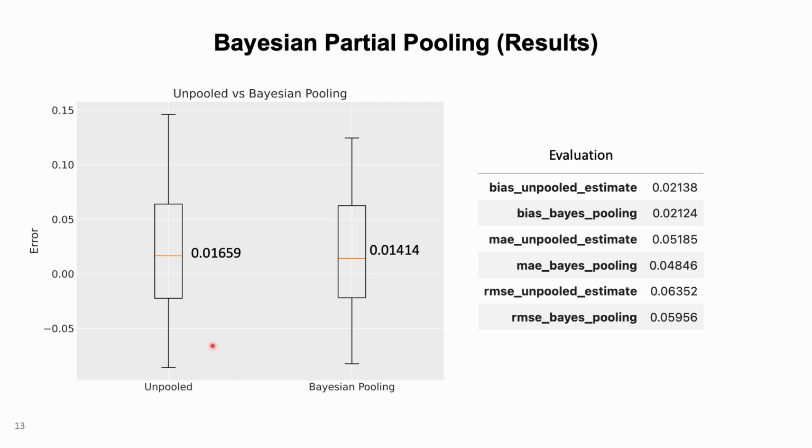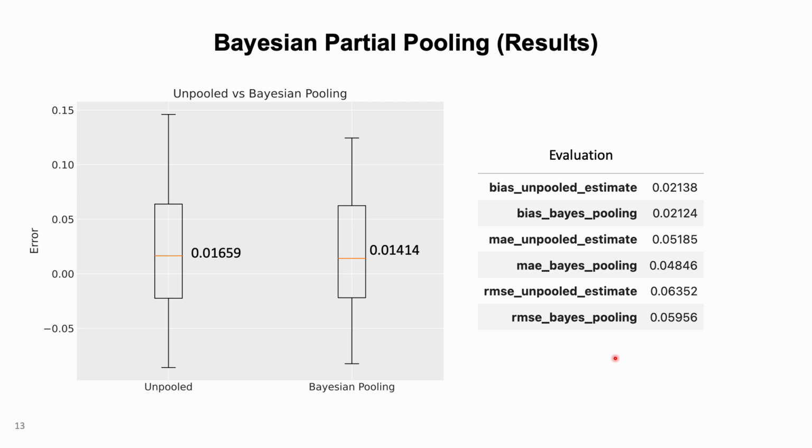So all these results suggest that the Bayesian pooling results have improved, with lower errors compared with the unpooled approach. We also include other quantification metrics in the evaluation, including bias, MAE, and RMSE. We can see that for all these three metrics, the results from the Bayesian pooling approach are slightly better, or lower, than the unpooled approach.